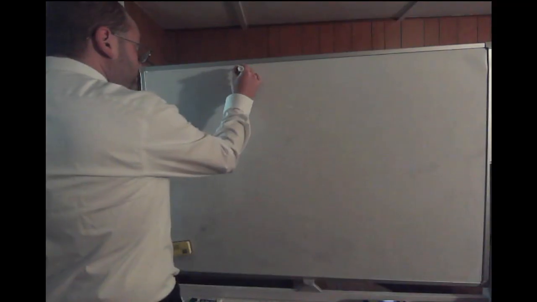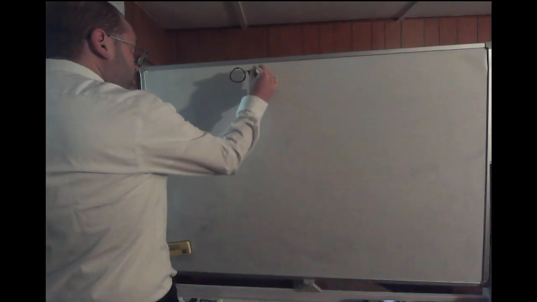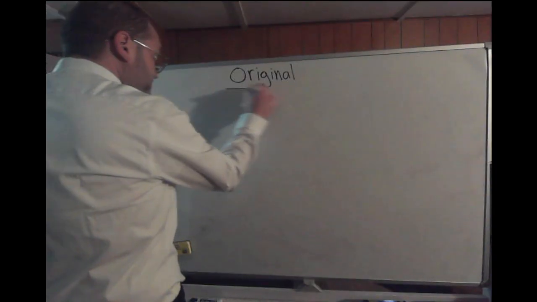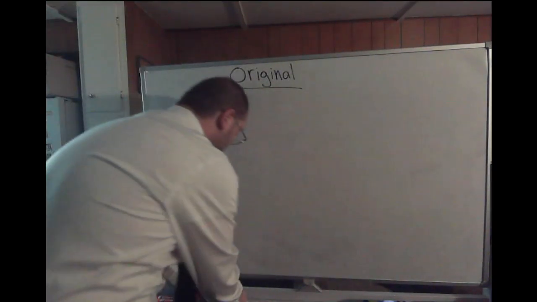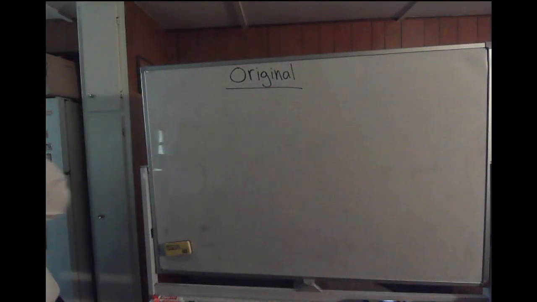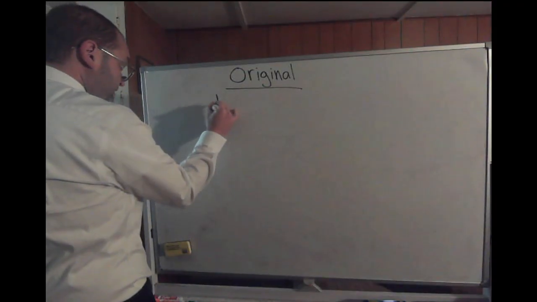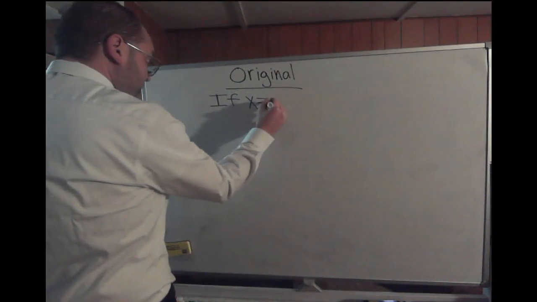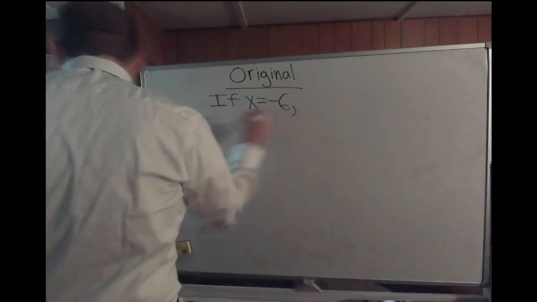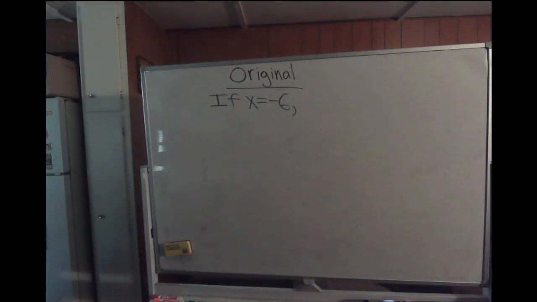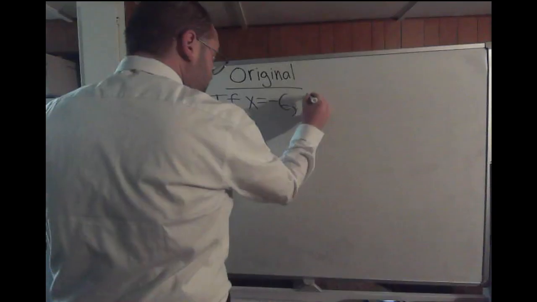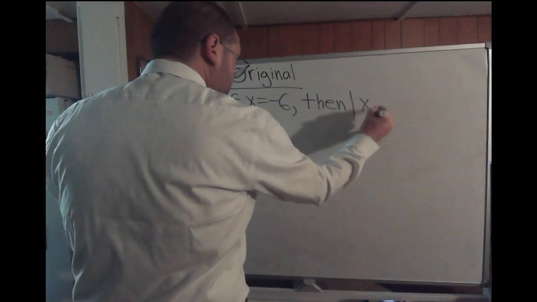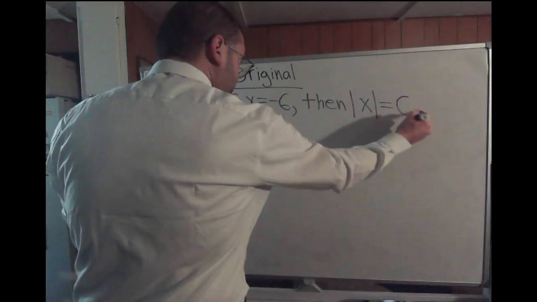Okay, we got the original statement here. Let's start with the original statement. This is going to read, if x equals -6, then the absolute value of x equals 6.